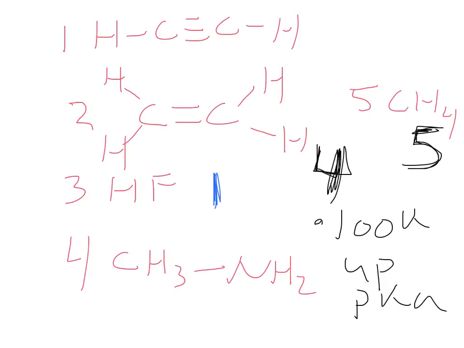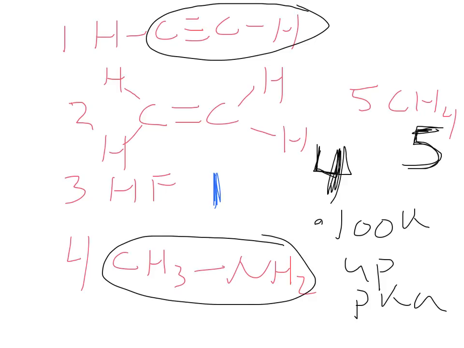Things like this, things that are essentially apples and oranges, aren't exactly easy to compare, right? You have something that's sp hybridized, you have something that's sp3 hybridized, but they're also different elements. So they're not similar enough where you can do a direct comparison of the two. I would predict that this would be the stronger acid, right?